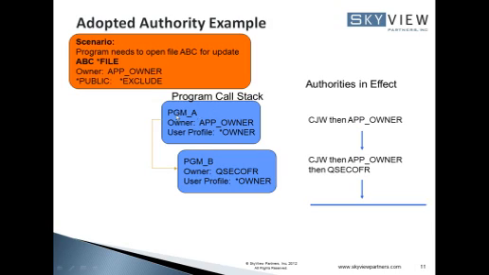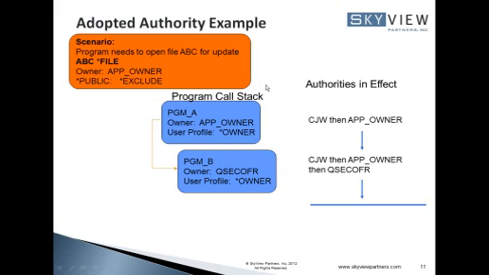Now say you have a program A and it's calling program B. Now program B is going to do something that requires security officer authority. And so in this case, again, program B is configured to adopt authority. It's user profile star owner. This time it's owned by QSecOffer, which we all know has all authority on the system.